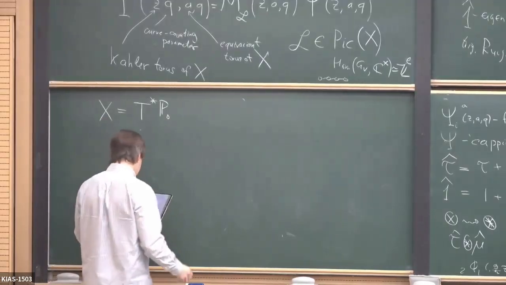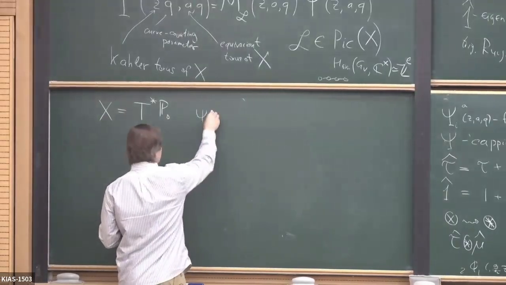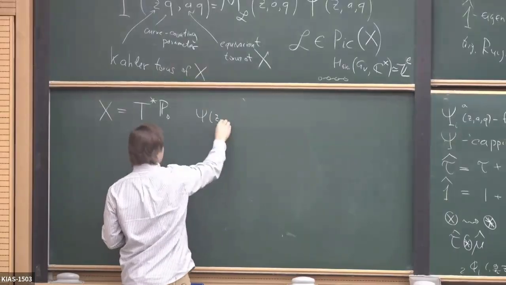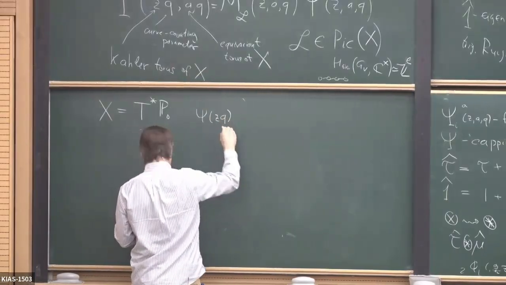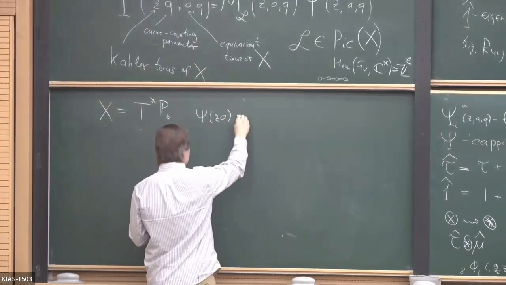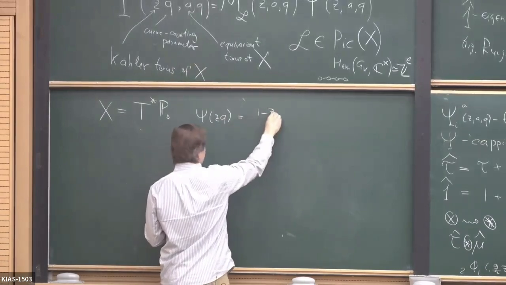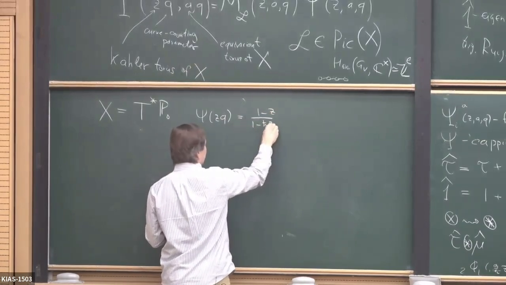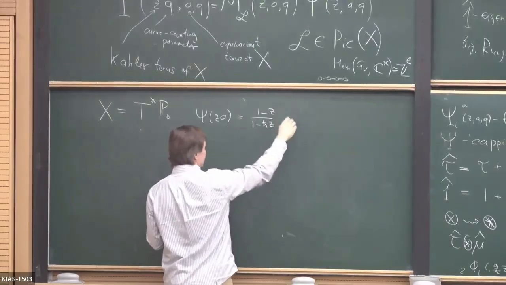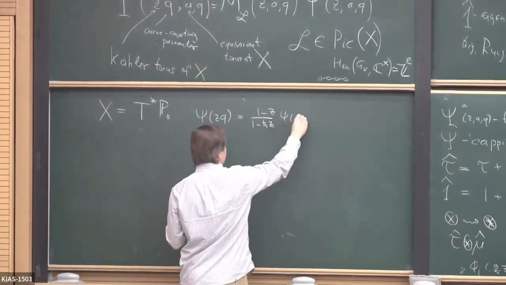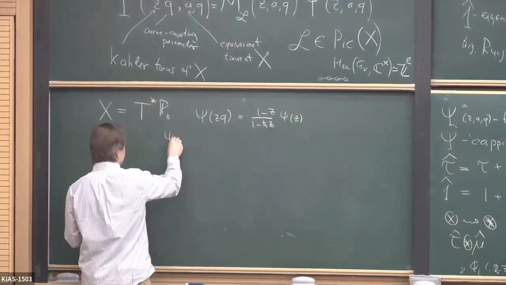In this case, the difference equation looks very simple. There's a one-dimensional Cayley torus, and the equation looks like that. There are no A's, there's only h bar that dilates the fiber, and the solution looks like this.